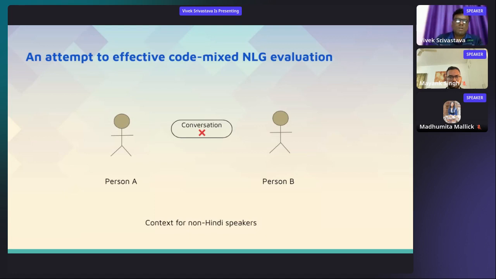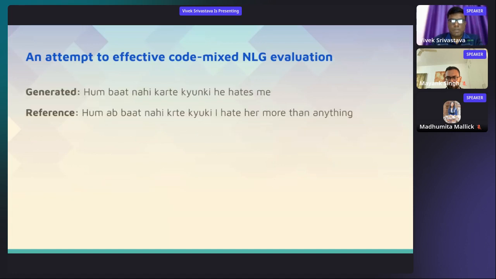If there are non-Hindi speakers, I will use one example. The context is that there is a person A and a person B, and they are having a conversation. Let's say there is a sentence generated by the algorithm, either WAC or PAC.